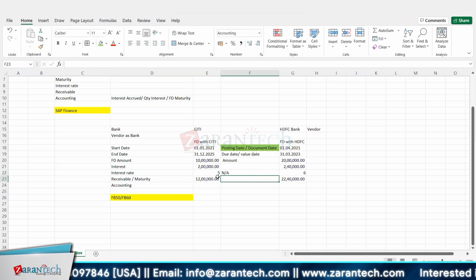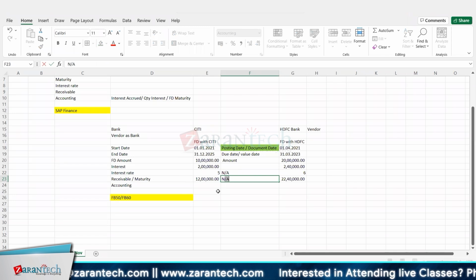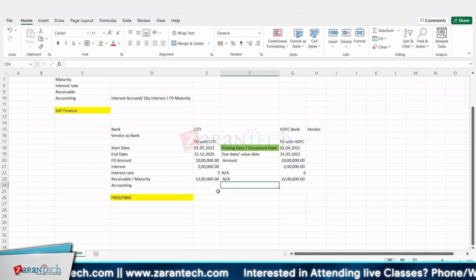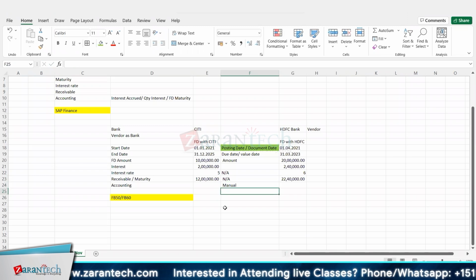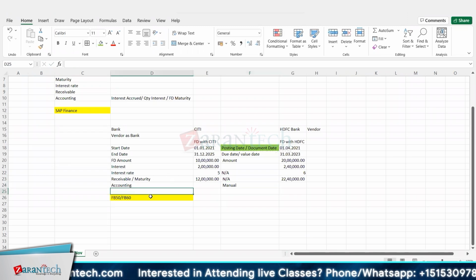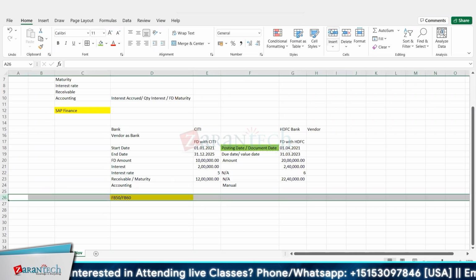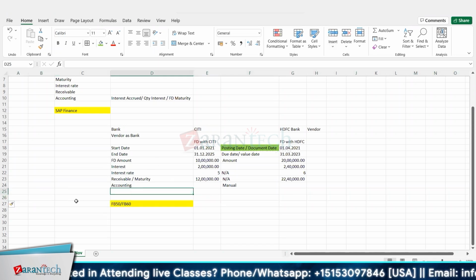Then how much am I going to get by investing in a fixed deposit for these 4 years, the maturity amount? No visibility. And obviously accounting, you have to punch. So this is manual. You won't be able to automate the accounting. What are the accountings?